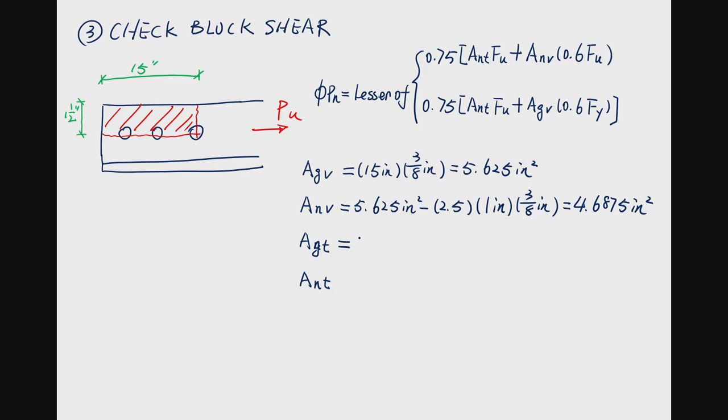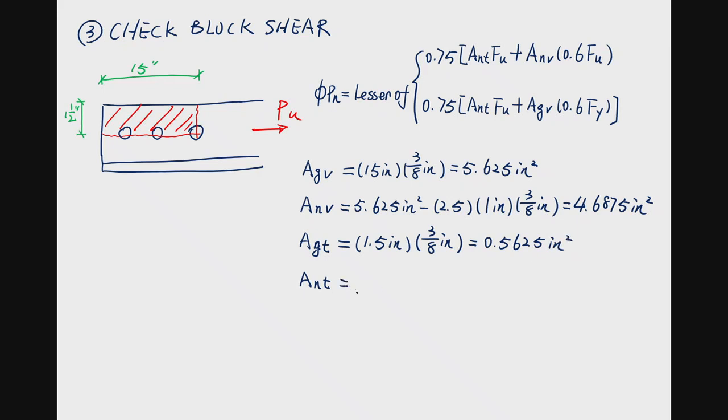And gross tension area, which is the vertical cross section, right? So which is equal to 1.5 inches times the thickness, which gives a number of 0.5625 square inches.